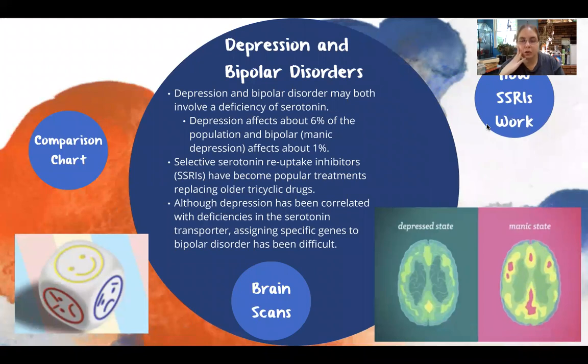Now, something I do also want to clarify with these is there is a huge stigma in our society about mental disorders. Let me ask you something. If someone was diabetic, would you tell them not to take insulin, that they should just get over it?